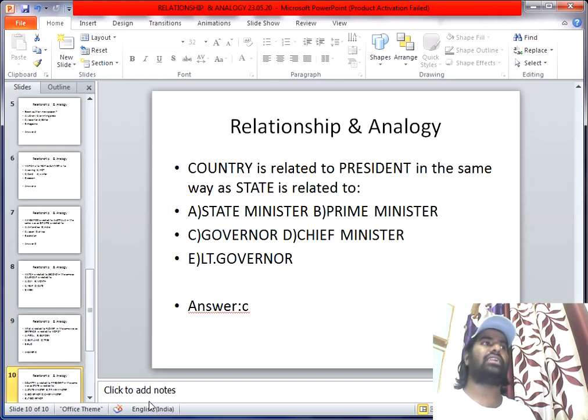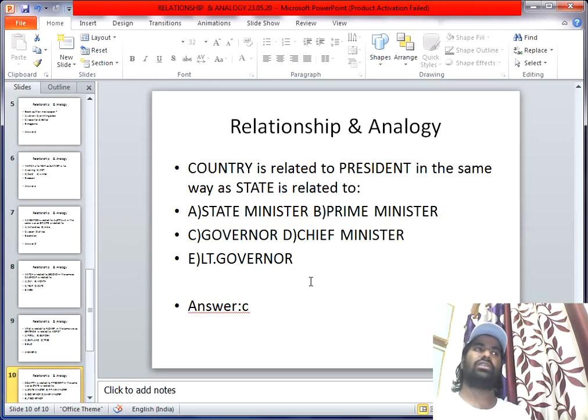So country is related to president in the same way as state is related to what. So this is a kind of tricky thing, right? Country is related to president. In our country, the president and prime minister hold the highest power, and the president is the one who looks after the country. So in the same way, in a state, who runs that? The same logic as the prime minister and the president.